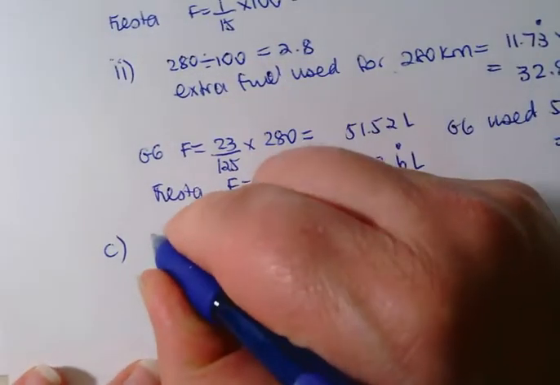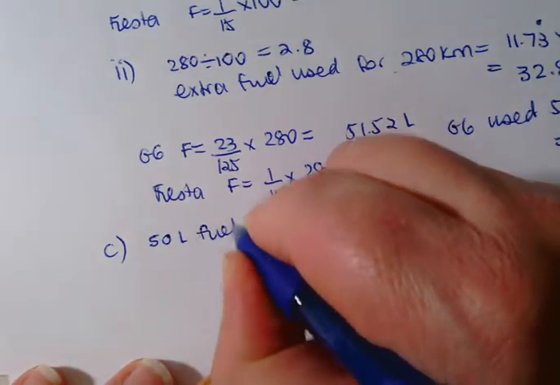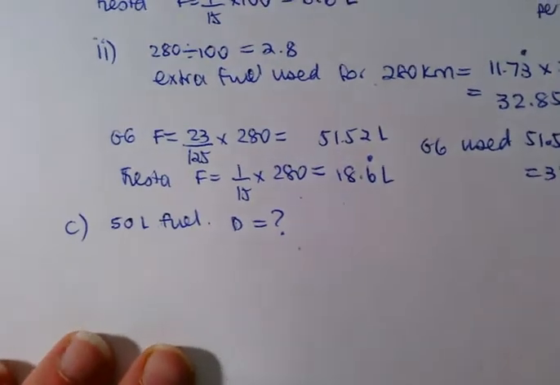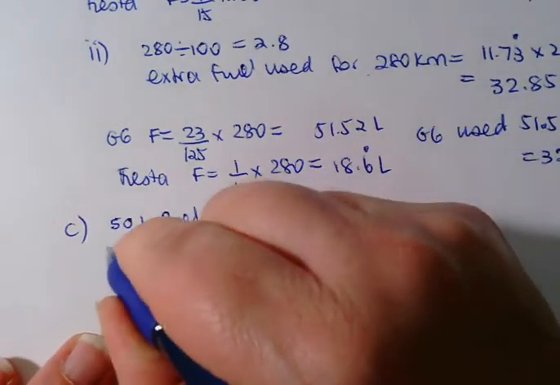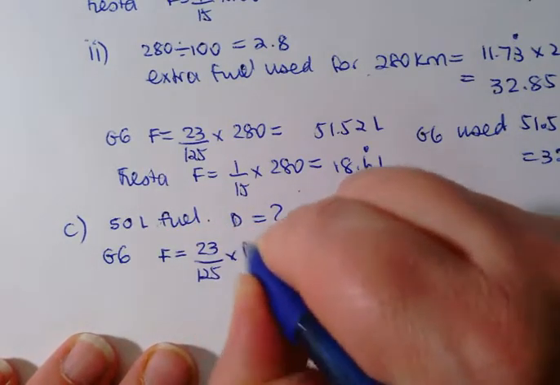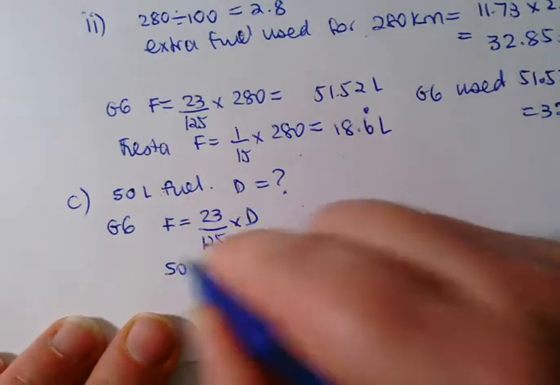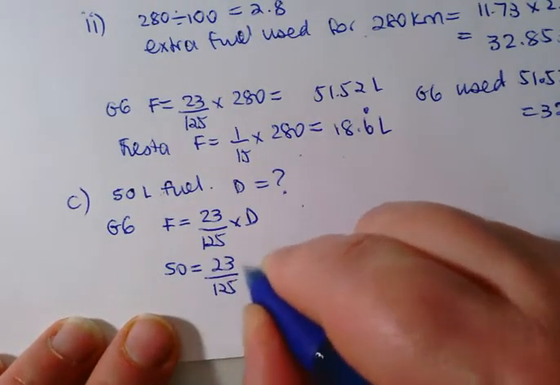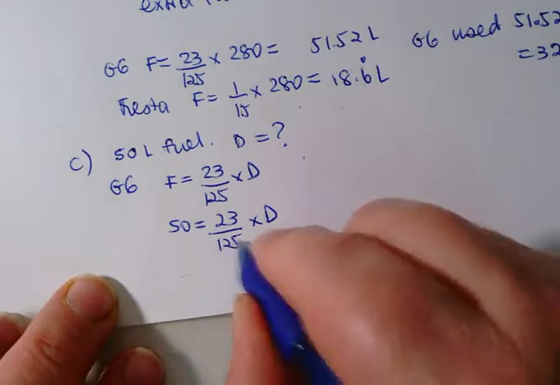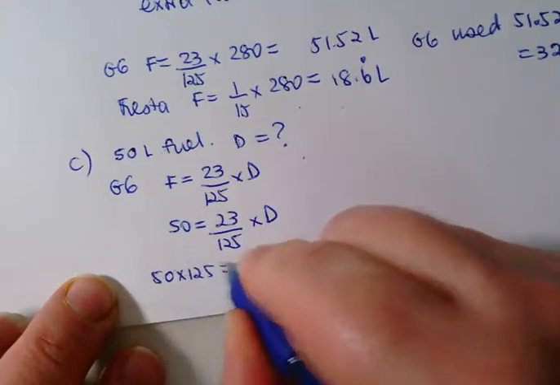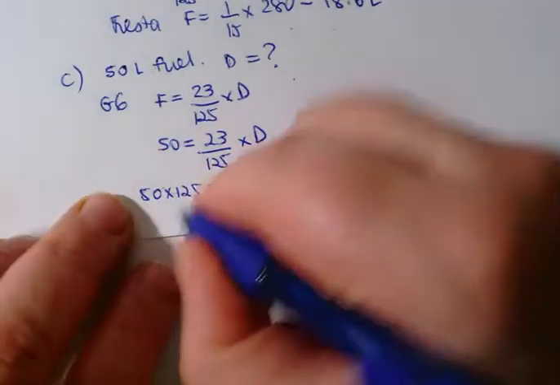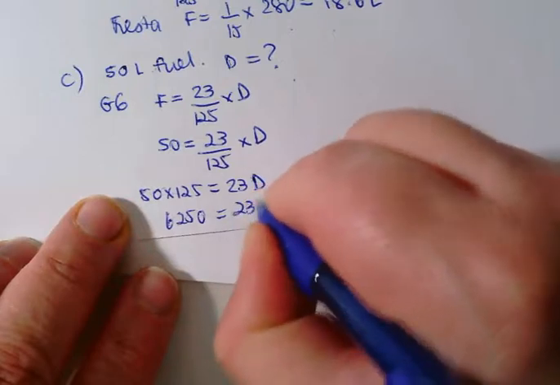So 50 litres of fuel, and we have to work out distance is question mark for each of the cars. For the G6, the formula is F equals 23 over 125 times D. So 50 litres equals 23 over 125 times D. So 50 times 125 will equal 23D. 50 times 125, that's 6,250 equals 23D.